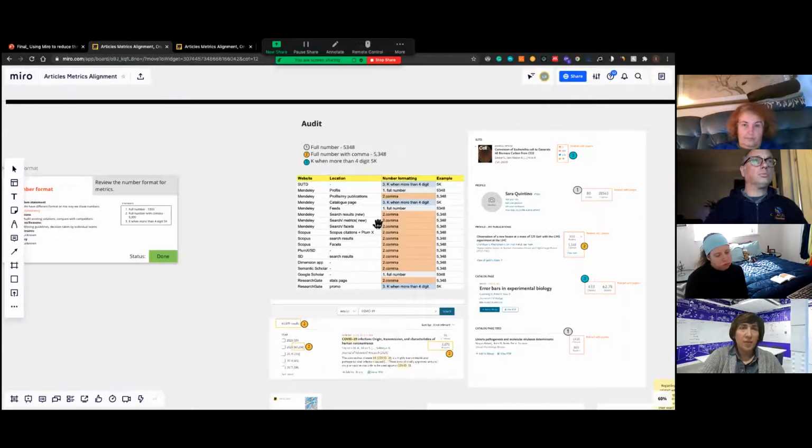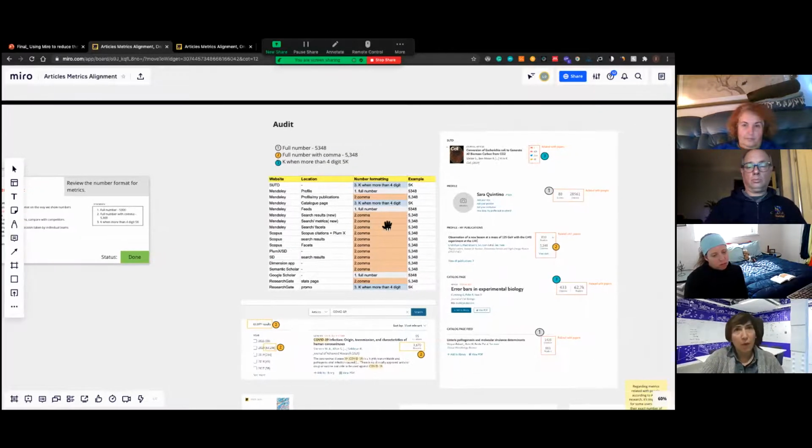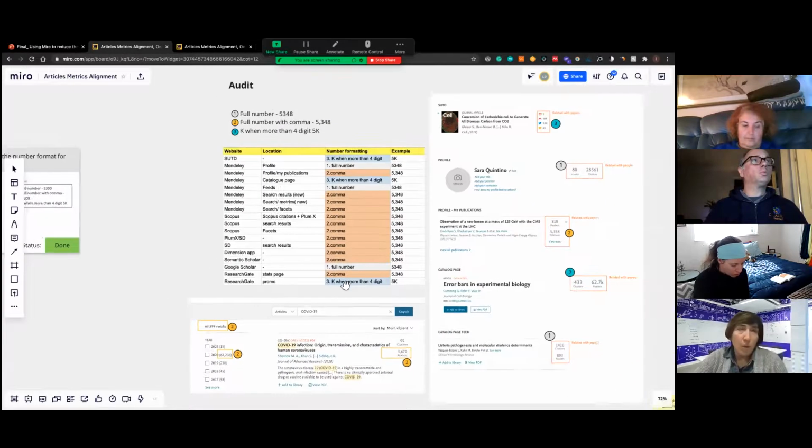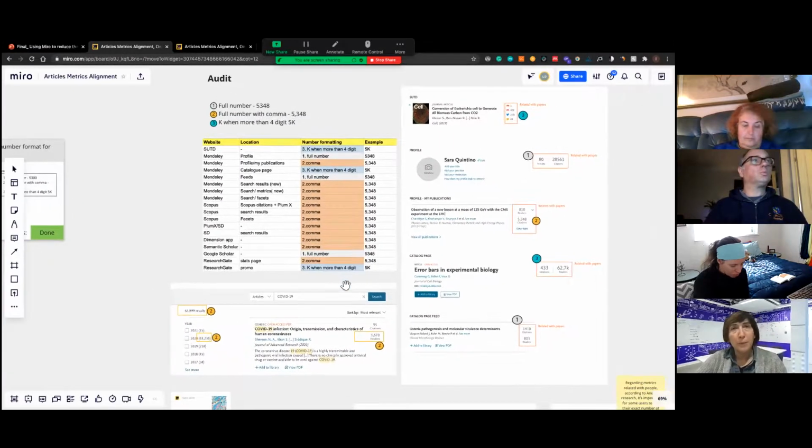To make it clear where the problem was, I did an audit of different places, color coded them and gave a number to each variation. Then I summarized it in this table, and I got really good feedback about it, because they mentioned it was quite easy for them to understand where the problem was and what option they were adopting.